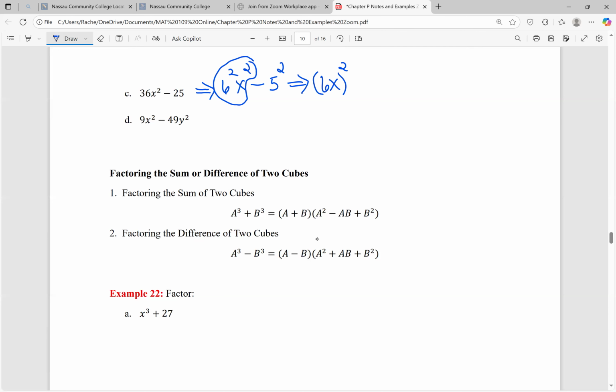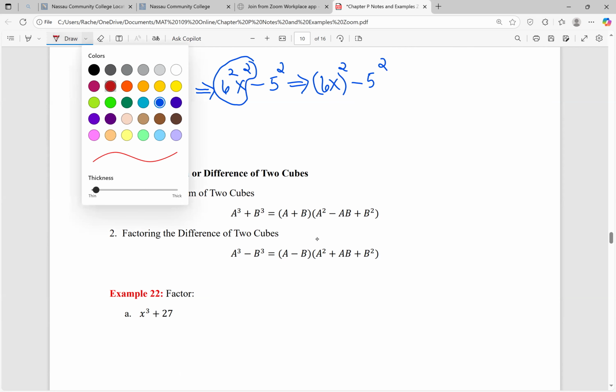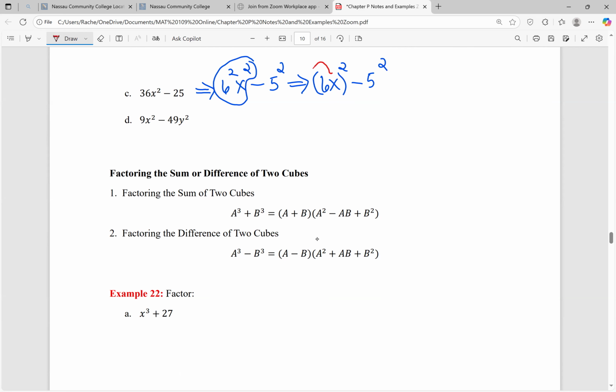We learned this in the first section with our exponent laws. So 6 squared x squared is the same thing as 6x squared. And then I have minus 5 squared. So look, I have a difference of two squares. Now think of a as the 6x, and then the b is the 5, right?